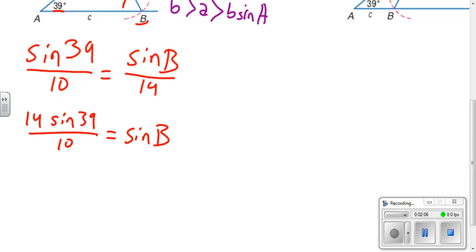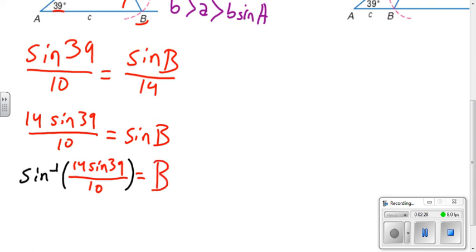And again, like before, to get rid of that sine, we need to take the arc sine of both sides. So arc sine of 14 sine 39 over 10 equals, if we took the arc sine of sine B, that would just leave us with B. So B equals the arc sine of 14 times sine 39 over 10, in which case, according to my calculator, that will round us out to about 62 degrees.